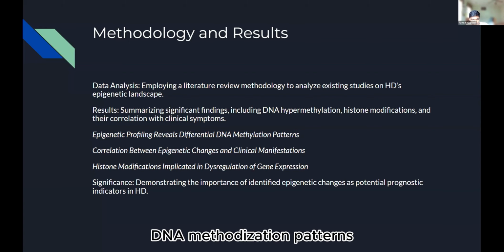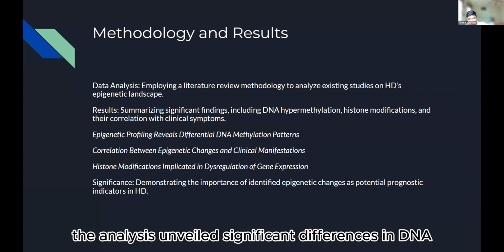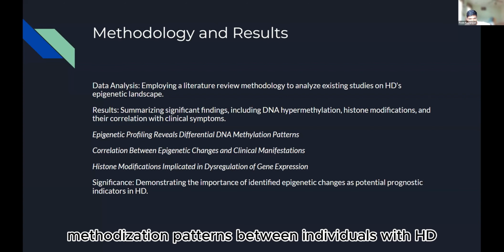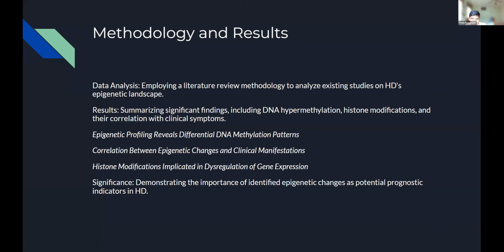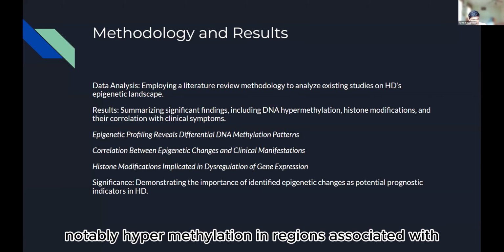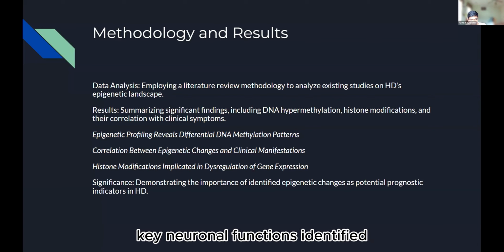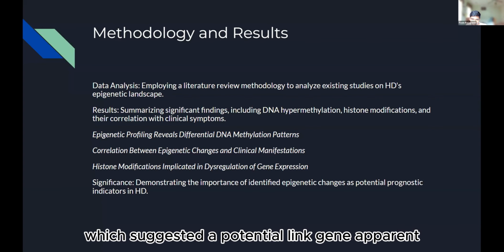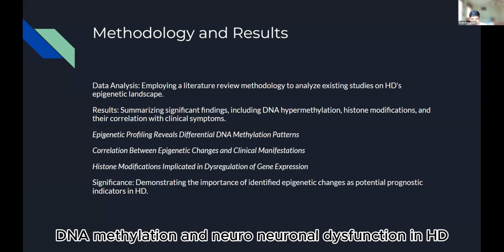DNA methylation patterns. The analysis unveiled significant differences in DNA methylation patterns between individuals with HD and healthy controls. Notably, hypermethylation in regions associated with key neuronal functions was identified, which suggested a potential link between aberrant DNA methylation and neuronal dysfunction in HD.